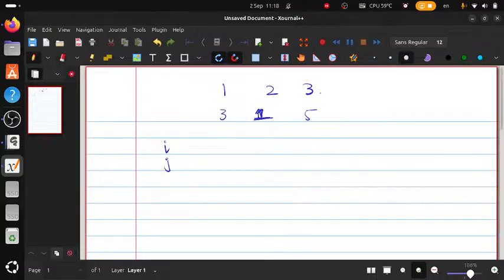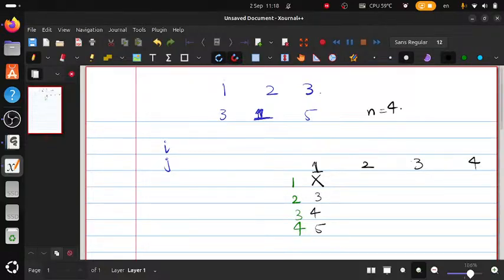Let's first start writing our values for i. So i can be 1, 2, 3, 4. Let's say n is equal to 4. So j will be 1, 2, 3, 4, right? Now if I choose i as 1, j can't be 1. It will be this. So 1 and 2 is 3, 1 and 3 is 4, 1 and 4 is 5.